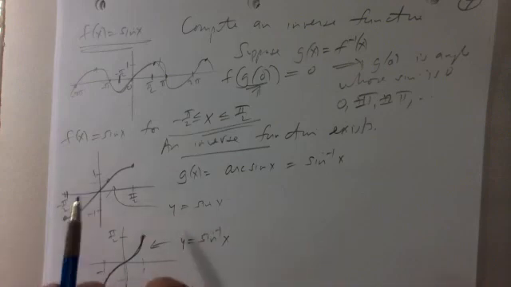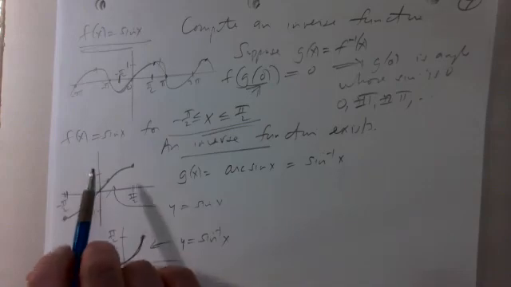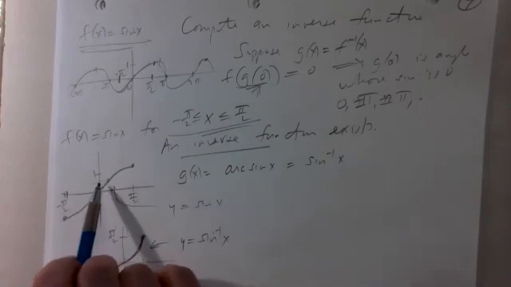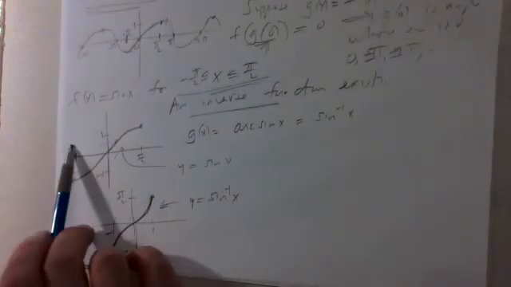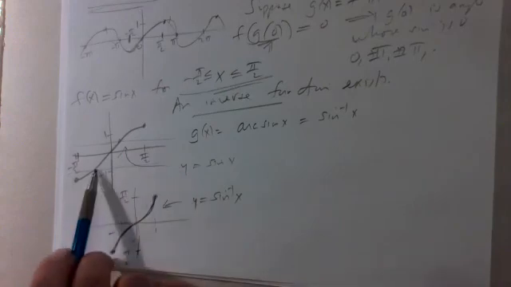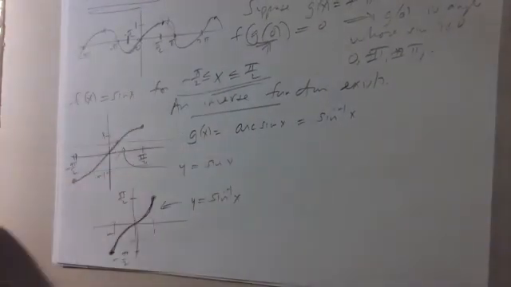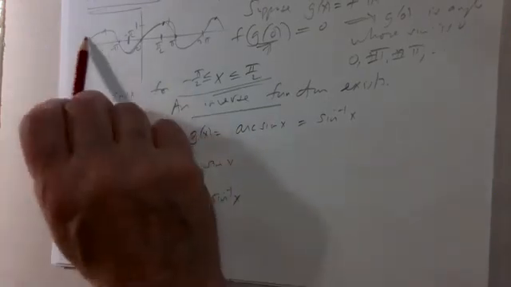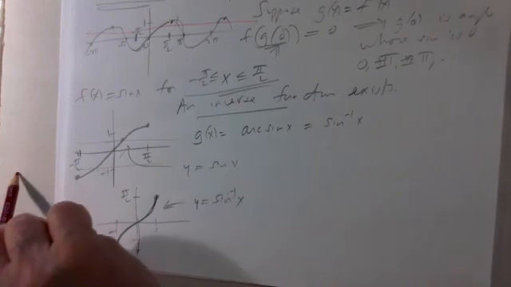In general, an inverse function exists if in the domain of the function, a number value y is the value of the function at most one time. This is sometimes called the horizontal line test. If you were to draw any horizontal line, it crosses the graph at most one point. If you took all of the sine of x function, any horizontal line will cross this curve at infinitely many different points if it crosses at one.